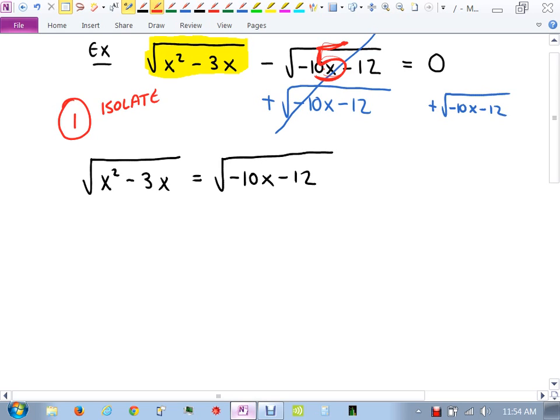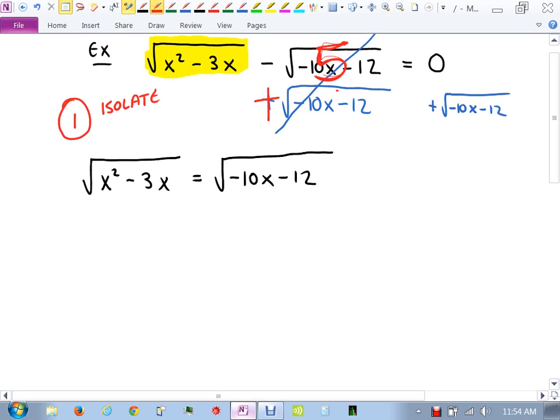So I had to add the root to both sides to make it cancel on the left and appear on the right. It has to appear on the right, because what you do to one side, you have to do to the other. Are you saying why did I use the square root also, not just the 10x minus 12? Yes.